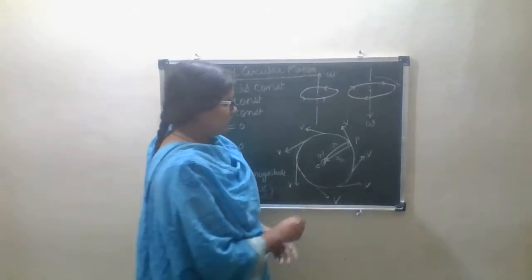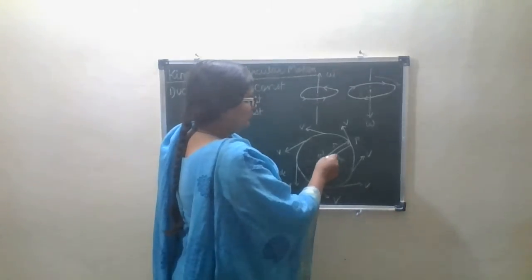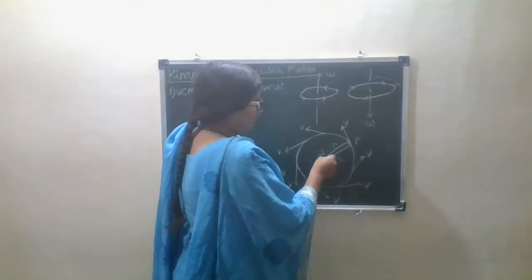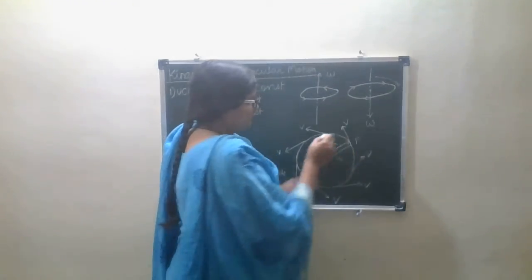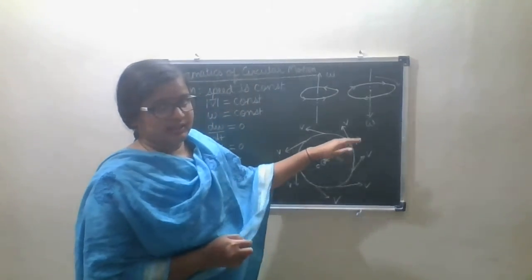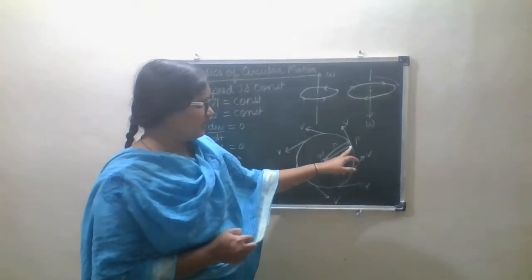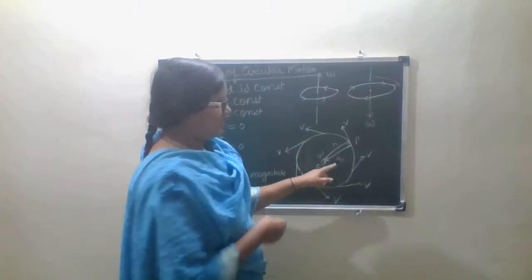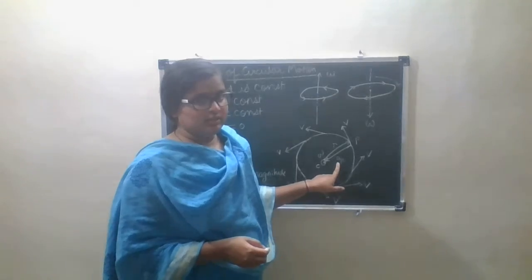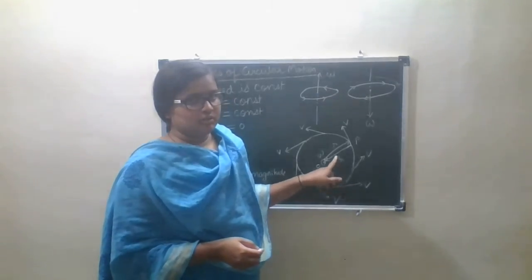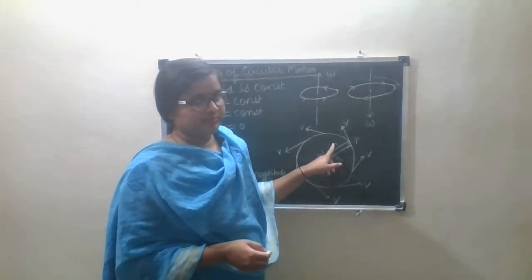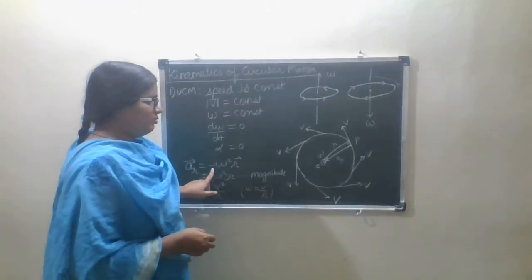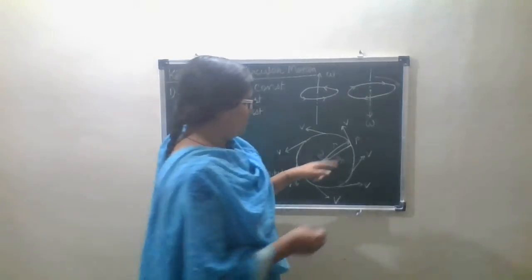Because from this center the radius vector or the position vector is in this direction, r, and a_r, the direction of the radial acceleration, is towards the center. a_r is opposite to r, so it is minus.